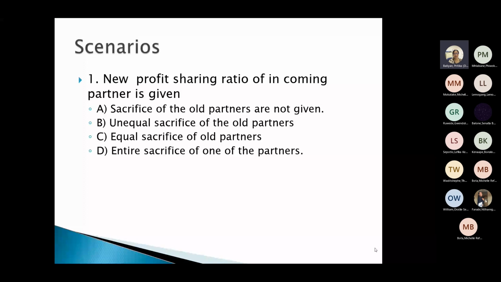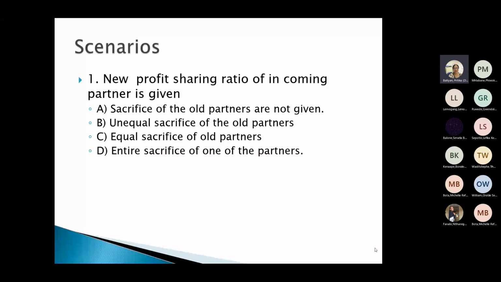So these are the different scenarios in which the new profit sharing ratio has to be calculated. It depends on what scenario the partnership firm has agreed. Number one is when the sacrifice of all partners is not given or not known.